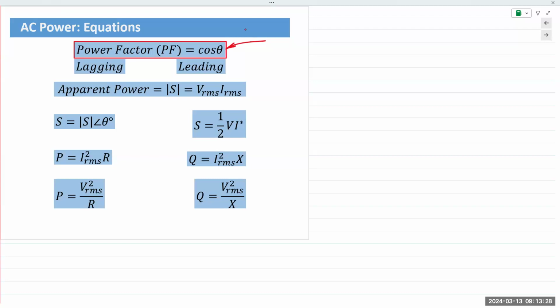If current I leads the voltage, then power factor is said to be leading. If current I lags the voltage, power factor is said to be lagging. Okay, so the reference is the voltage, but it's describing the relationship of the current with reference to the voltage.